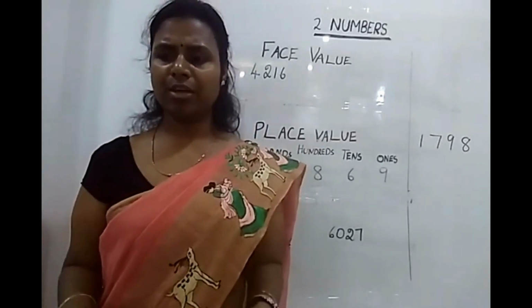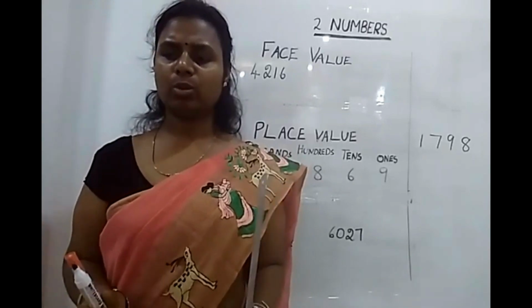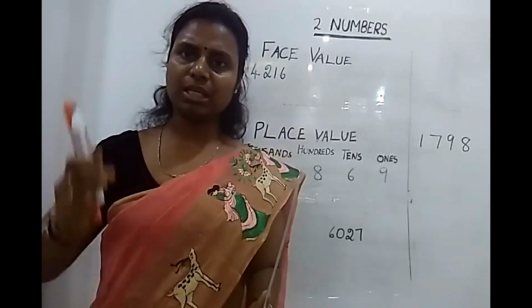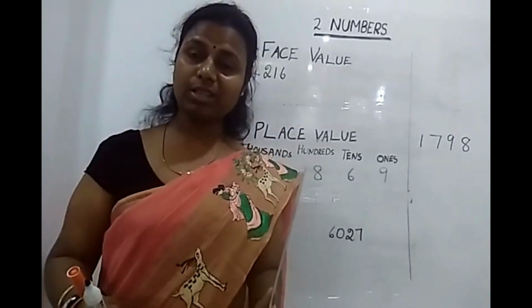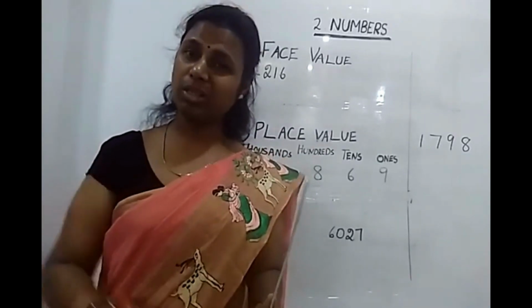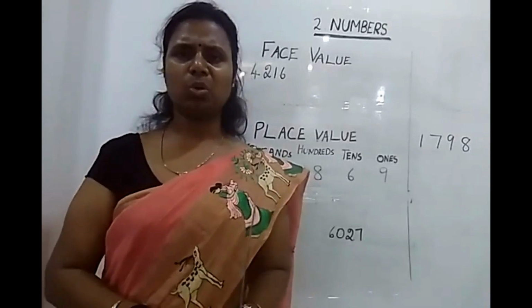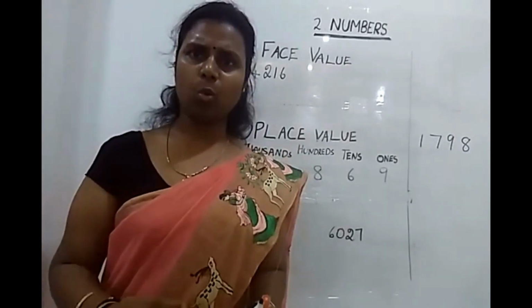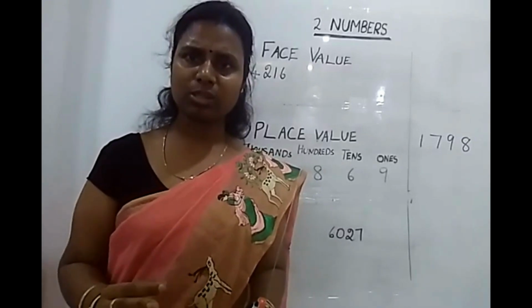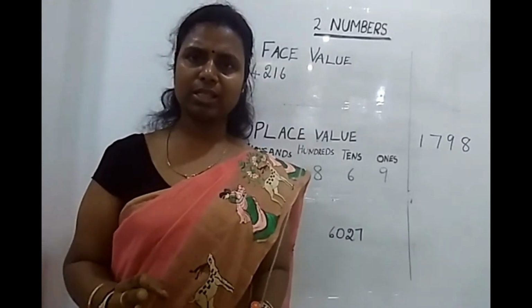Face value is the value of the digit itself at whatever the place it may be. Don't bother about the places. Already you have learned the places: ones, tens, hundreds, thousands, 4 places you have learned. Isn't it so?